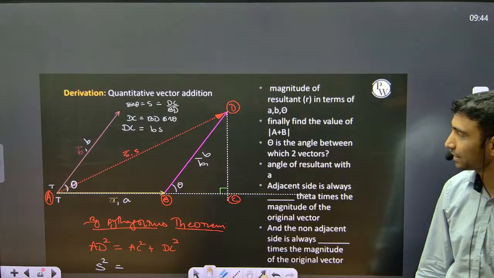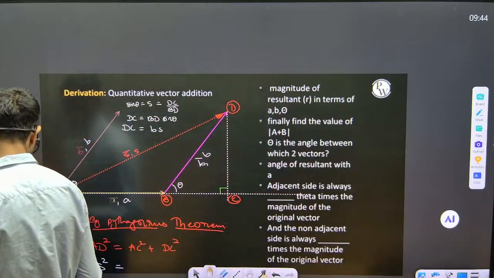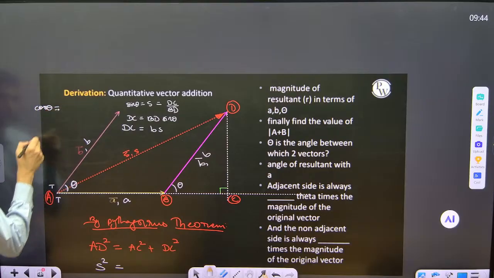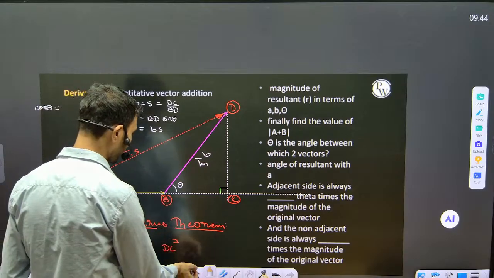And similarly, I can find cos theta also. Like this is sin theta, I can find cos theta also. So what can cos theta be written as? In which triangle are we doing this?